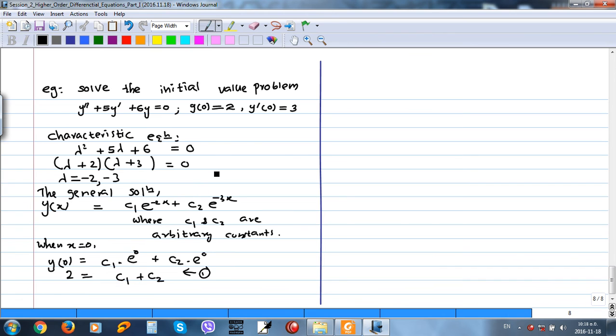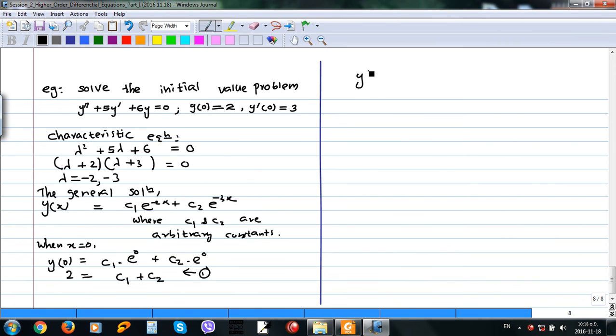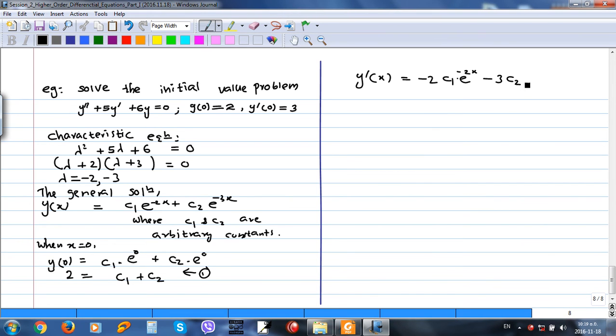And then y prime is also given, so we need to differentiate this one. Then y dash x is minus 2 c1 times e to the power minus 2x, and if we differentiate that part, minus 3 times c2 e to the power minus 3x.